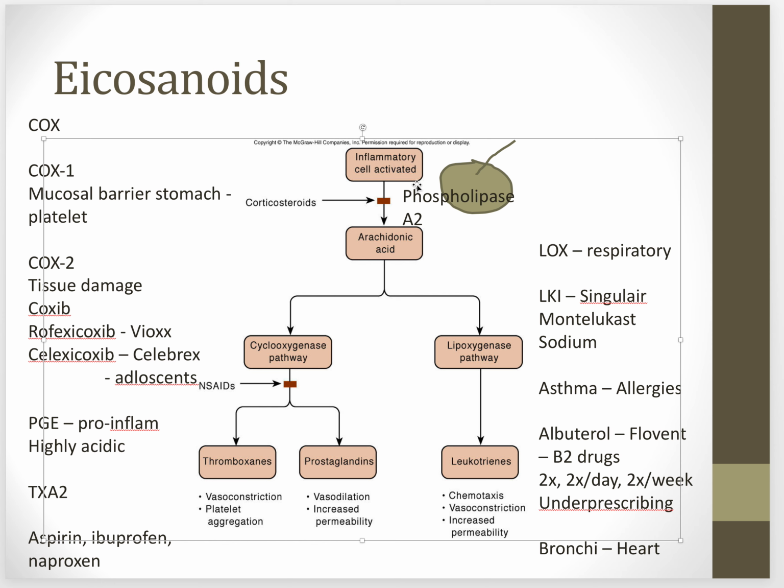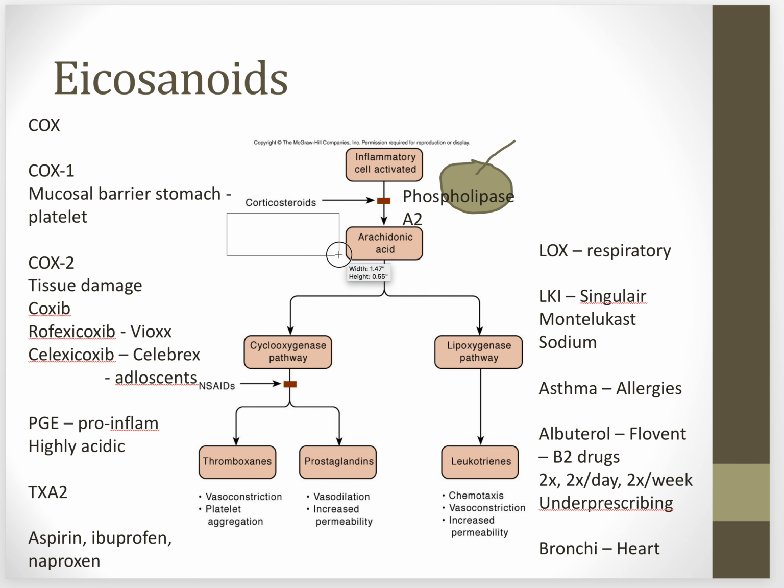The final thing I want to mention is that the strongest anti-inflammatory substances are steroids. That's anything that ends in -zone, so prednisone, cortisone. The reason those are so strong is that they block phospholipase A2.